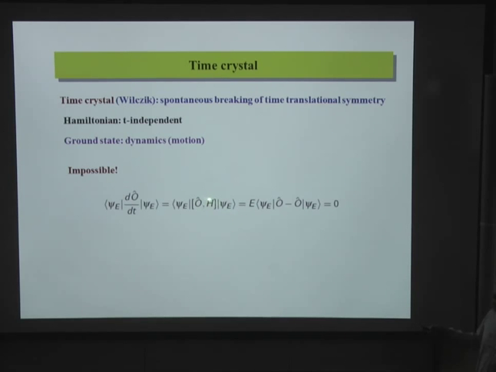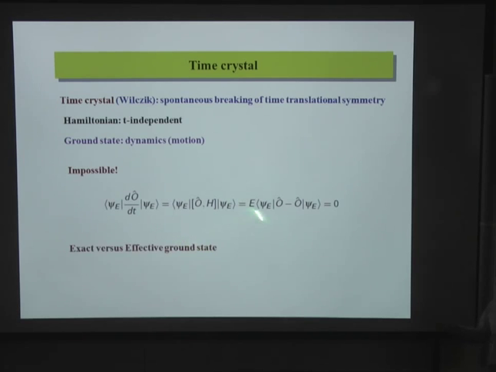And because this is the eigenstate of the Hamiltonian, you can easily apply this H on this psi E, which is just the energy. You can take this energy out because the energy commutes with everything. So you have O minus O, which is just zero. So that means if you look at the exact eigenstate, which of course includes the ground state, there should be no time dynamics for any operator.